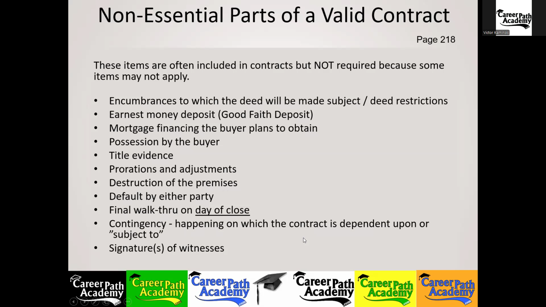And any contingencies, because not all, we should be submitting contracts as contingency free as possible. Contingencies are happenings in which a contract is dependent upon. And then signatures of witnesses are not required for any contract to be valid. You don't need to have witnesses, just both of the parties need to sign it.